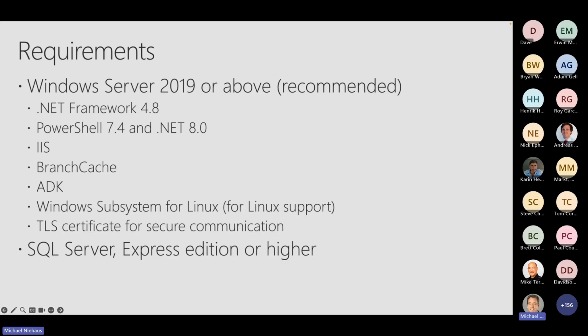So that would require support for nested virtualization and an OS that supports WSL. Obviously, Server 2019 and above certainly includes that support. And we want everything to be secure, so we will have a requirement for TLS certificates, so that we can enable SSL for all the communication.